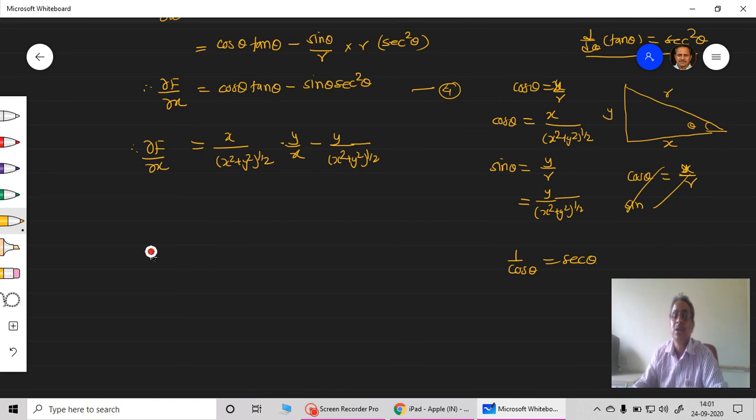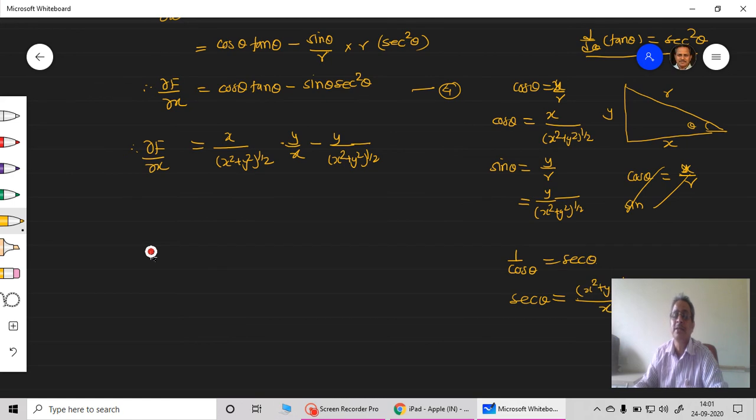Now cos theta is x upon (x square plus y square) raised to half. Therefore sec theta is equal to 1 upon cos theta. Writing this in the denominator, x is the denominator and (x square plus y square) raised to half is in the numerator.